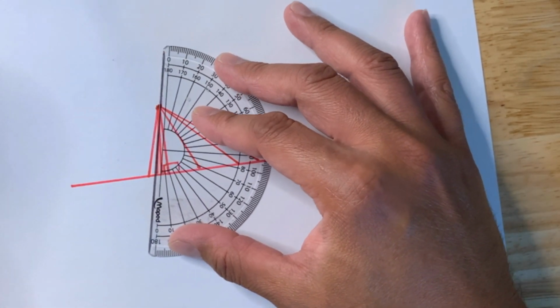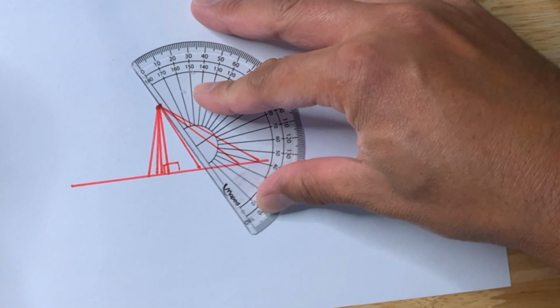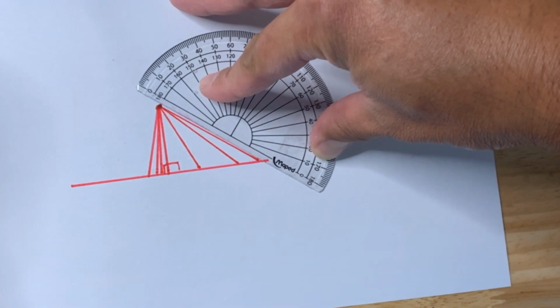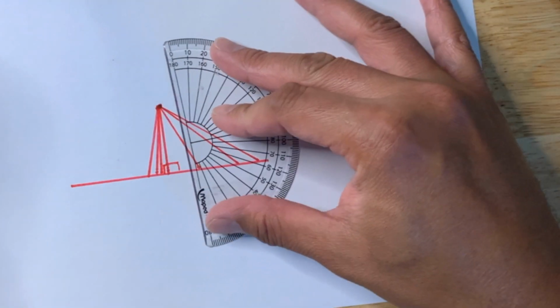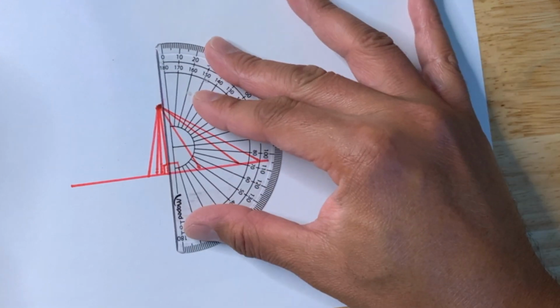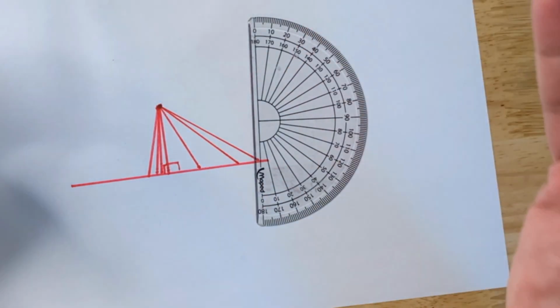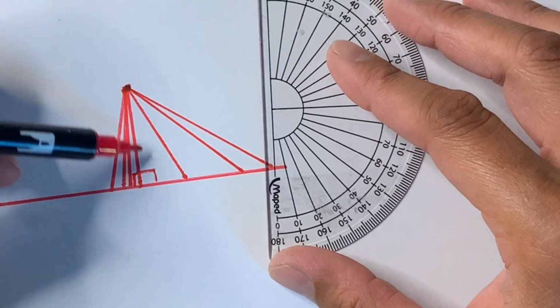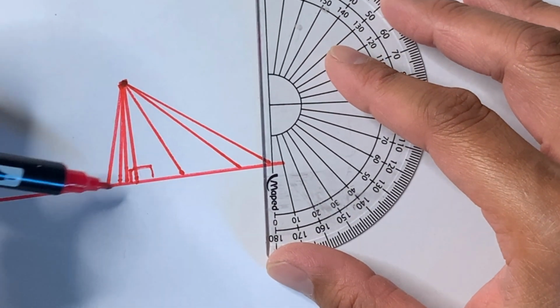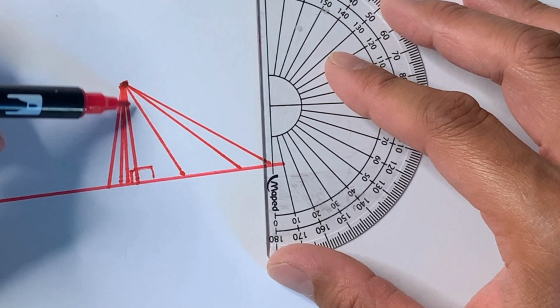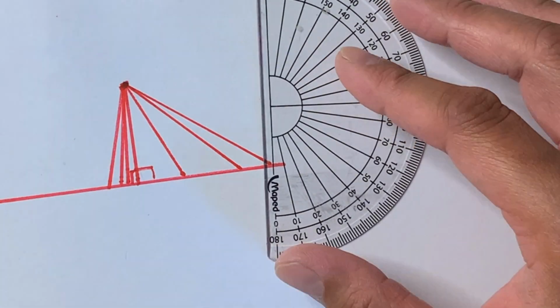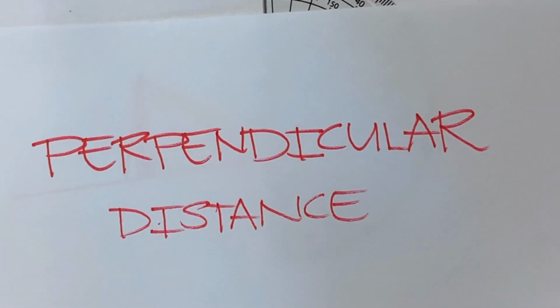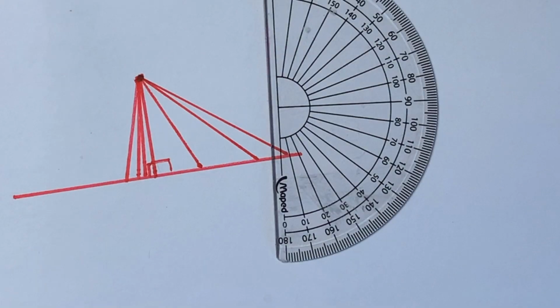All these other lines that we would draw would all be hypotenuses, which would be longer than this leg in a right triangle. So the perpendicular distance just says that the line that is perpendicular to this line and that point is the shortest distance. So perpendicular distance.